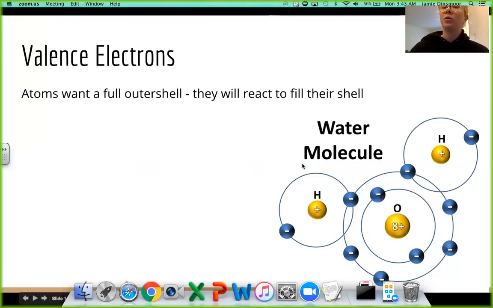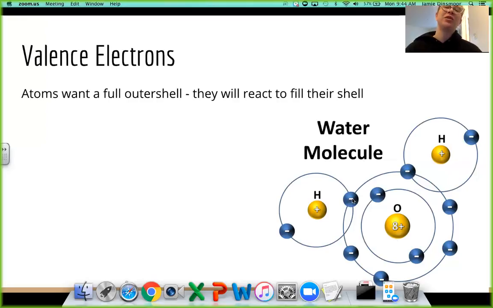So water molecules, right? This is where we start talking about molecules, bonding. We're not going to go into the specifics here, but this is a really good picture of a water molecule. And it's a little confusing looking, but you can see that oxygen has 1, 2, 3, 4, 5, 6 electrons here, 2 here, and then hydrogen has 2.